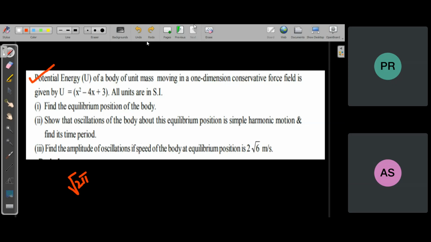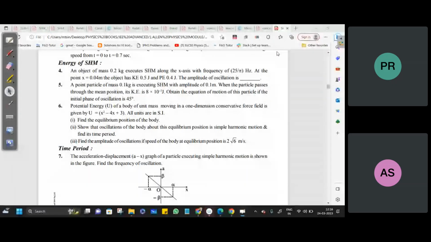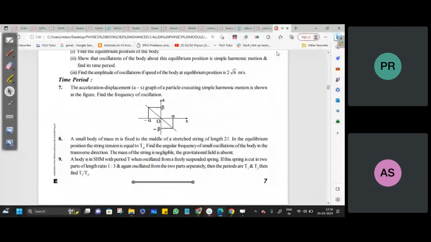Correct. Okay, and the third one? The third one is 2 root, sir. Got it? Got it, sir. Okay.